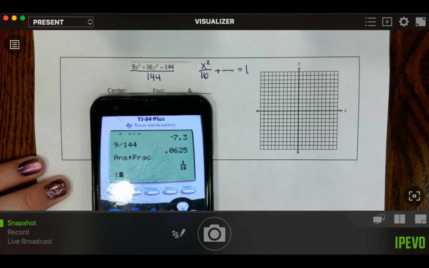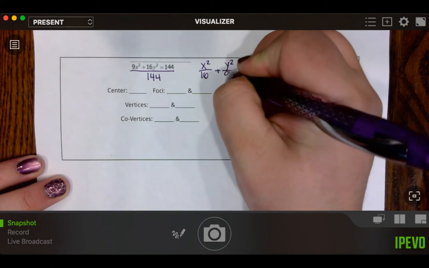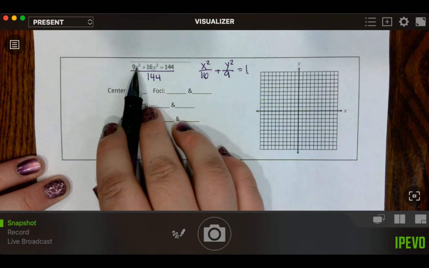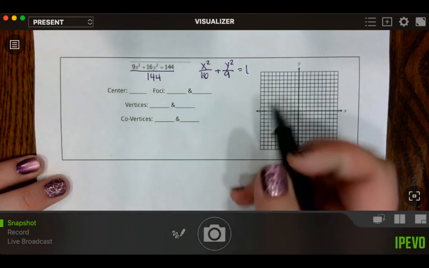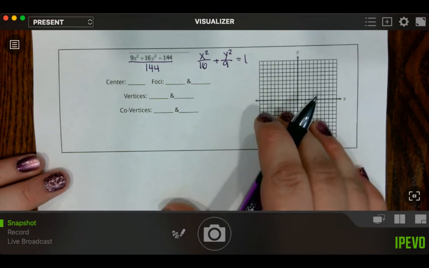And 16 over 144 is 1/9. What's going to happen every time is this one is going to end up with this as the denominator, and this one is going to end up with this as the denominator. We're going to sort of just switch and move to the bottom every time.